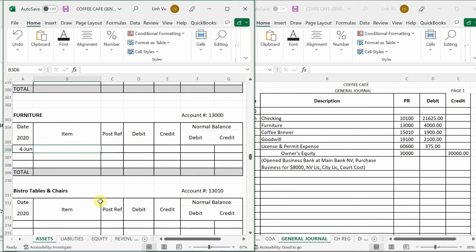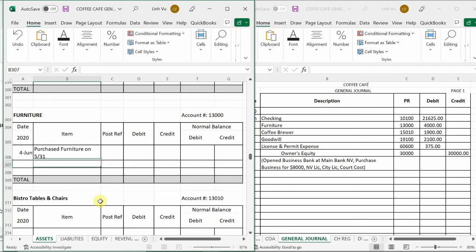You could say that you purchased the furniture from way back when, on May 31st. That's when you bought the business. Right now, I never specified what this furniture was, because I have no intentions of keeping it, especially because we don't know what happened in the last coffee shop. We do have a means to get rid of this furniture, so we don't need to put too many details.